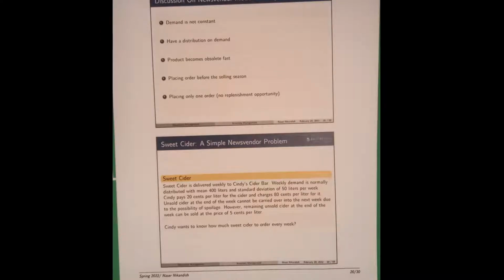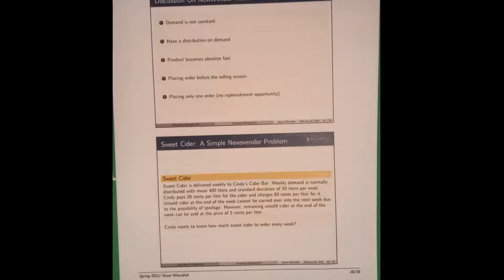Now, we are going to learn this model in the context of the problem that you see right here. If you read the problem, it says demand is normally distributed with an average of 400 and a standard deviation of 50. You buy the product for 20 cents, you sell it for 80 cents, and its salvage value is 5 cents.